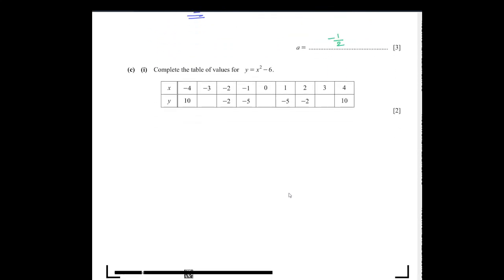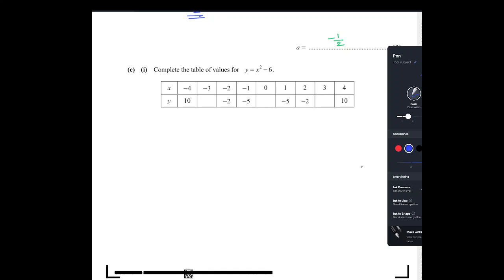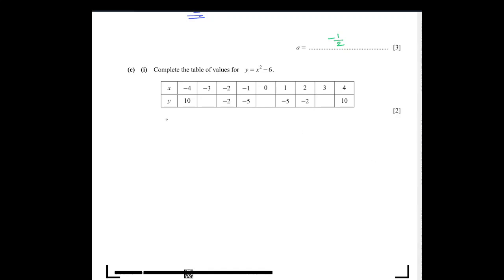Question C now. Complete the table of values for y = x² - 6. Now we have been given the table here, all the values are given except -3, 0 and 3. You can use a calculator or you can also do it without one. So y = (-3)² - 6.